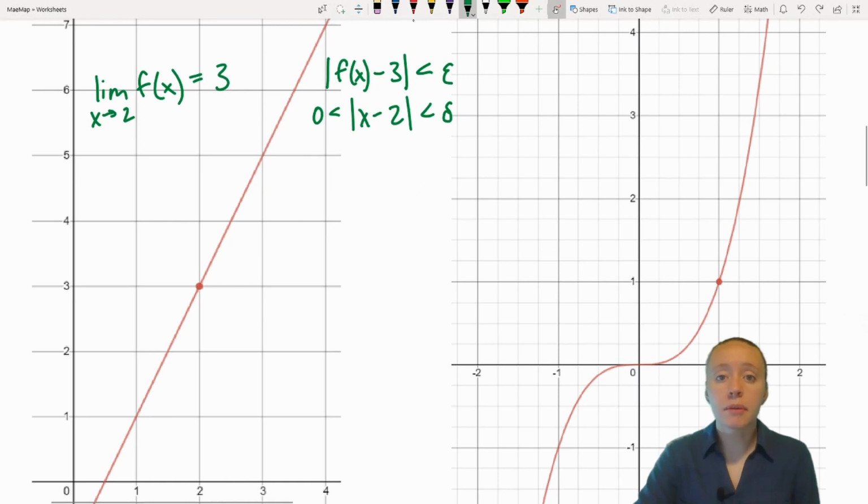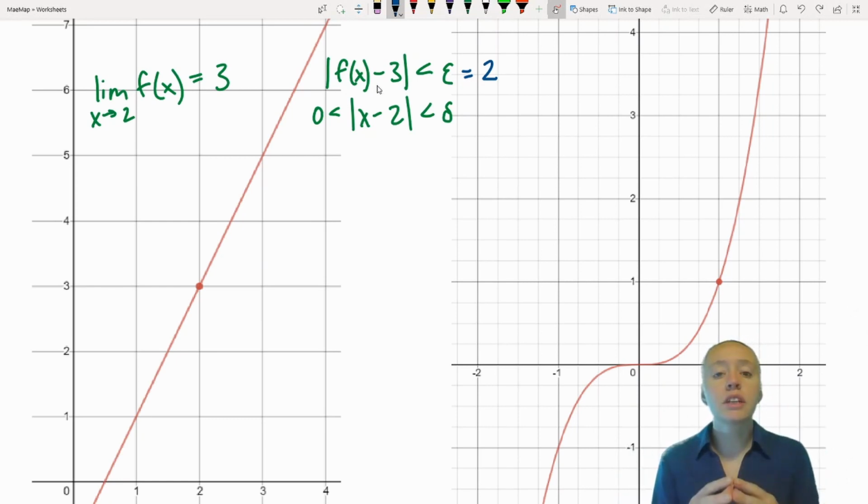So now let's talk about epsilon and delta. So if I said that my epsilon value was, let's do 2, we're saying that this absolute value of f of x minus L is always going to be less than 2. So remember up above, I said this was like the change in y. And what we're saying is that the absolute value of that change in y is going to be less than 2.